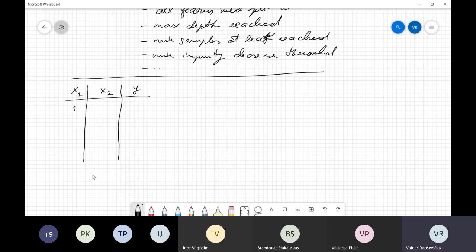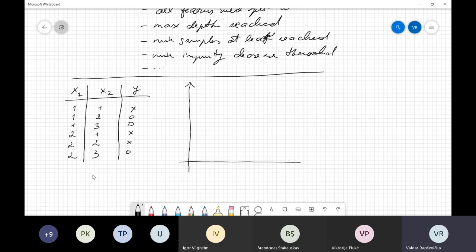So 1, 2, 3 and 1, 2, 3. This is x, this is circle, x, and circle. These are the classes, a binary classification problem. Now we can put a graph so we display the data correctly.